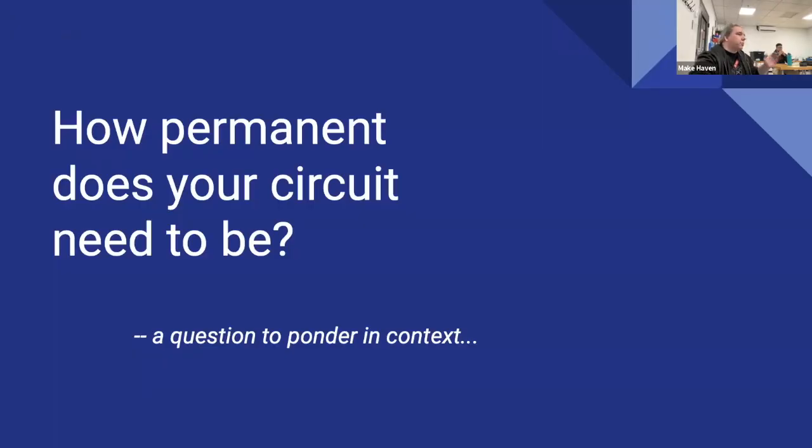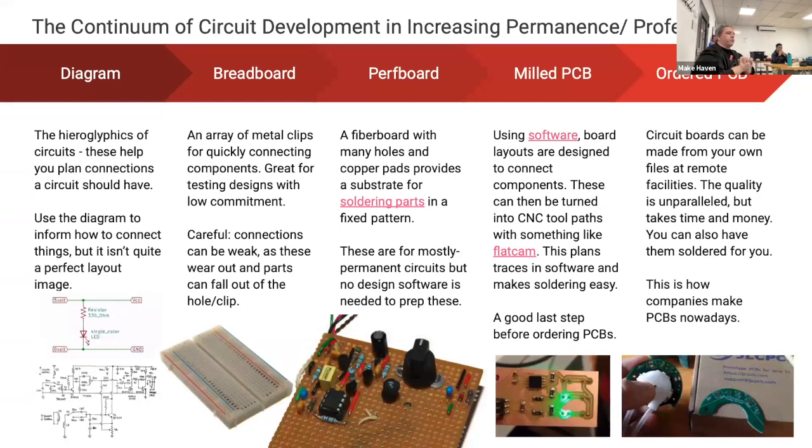And then how permanent does your circuit need to be? So this is where we talk a little bit about all the different ways that we can build circuits. In a lot of circuit design, we start with some sort of diagram that tells us how the components relate to each other. Every type of component, a resistor, a diode, a battery, has its own standard symbols, ISO symbols.